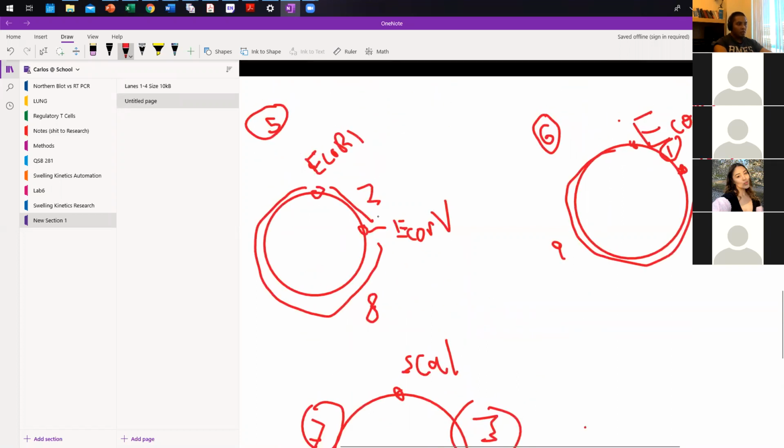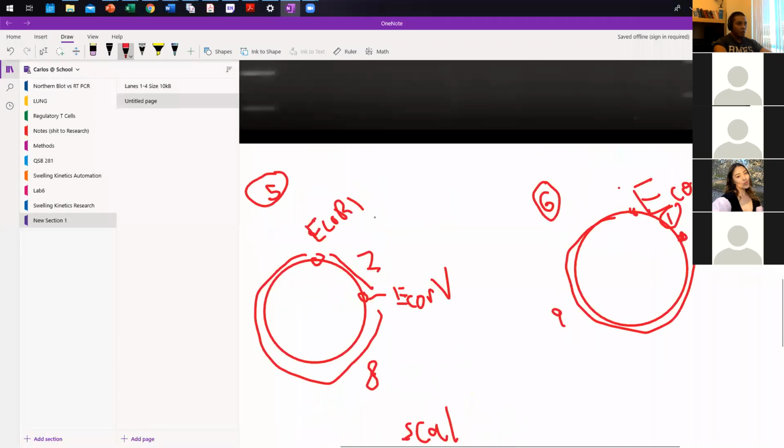So then you know for sure that if you want to draw Scout in this diagram, you can't draw it too close to EcoRV. So you have to be 3 away. So it's not going to be in between these, and it's going to have to be around 3 units. So it might be here. So that's 3 units away from here for Scout.